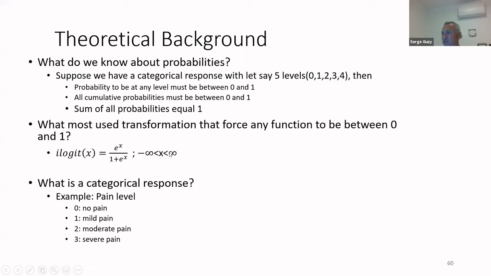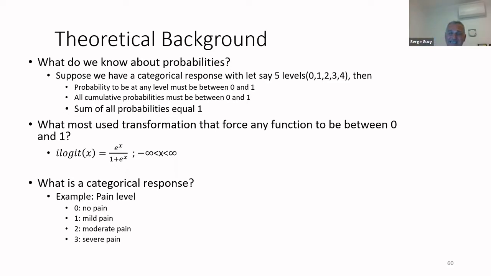Let's look at this equation to see what's special about it. When x is negative and going to minus infinity, you get e to the minus infinity, which is basically 0. It converges to 0. Divided by 1 plus something that converges to 0, then it's 0. So when x is very, very negative, it converges to 0. Now, if x is really positive and very large, then e to the x will be much larger than 1, the 1 cancels, and you get e to the x divided by e to the x, which is 1.